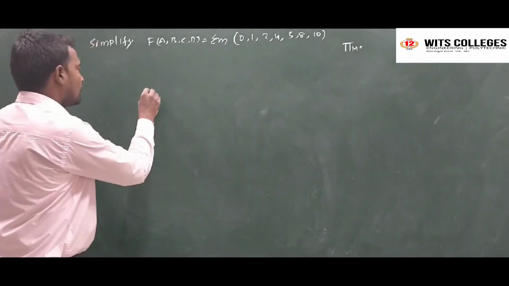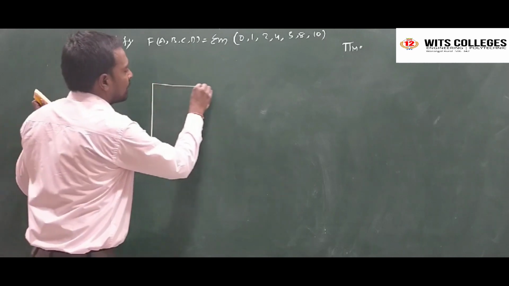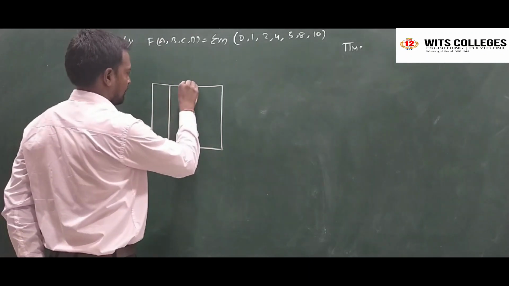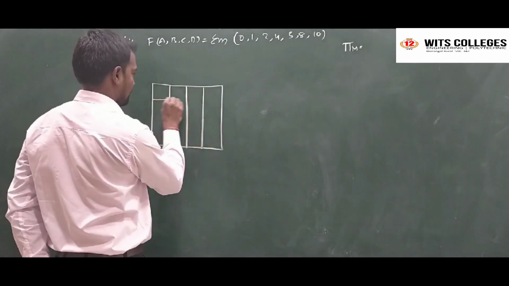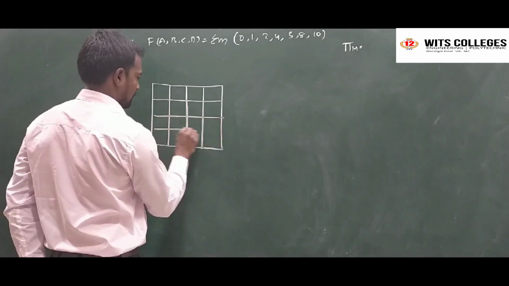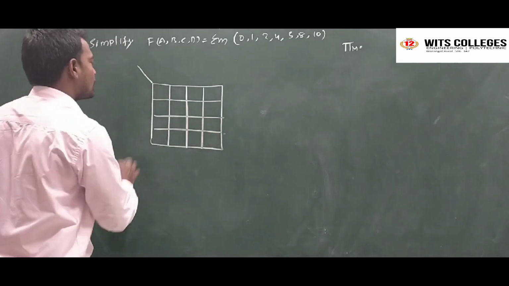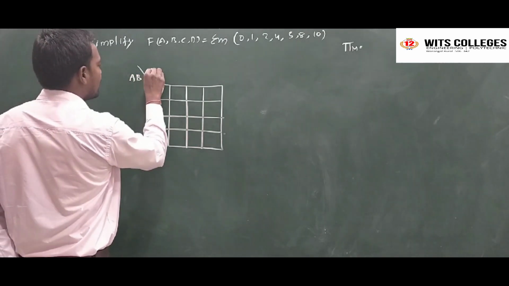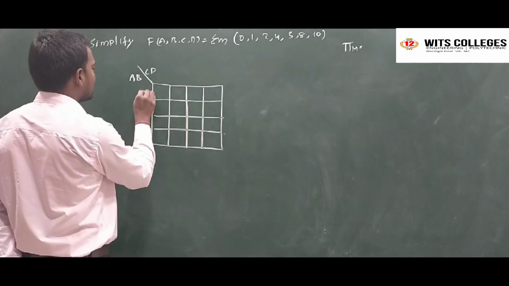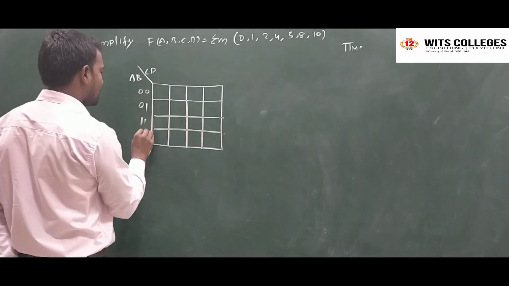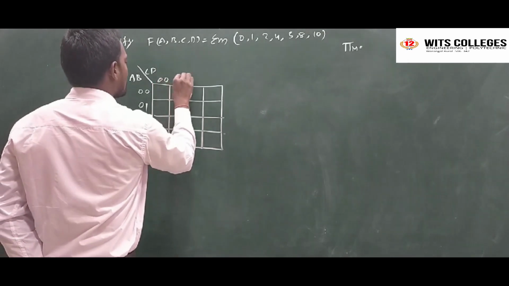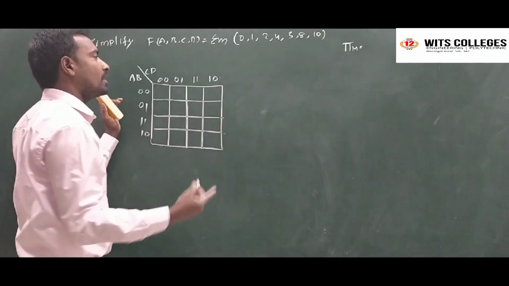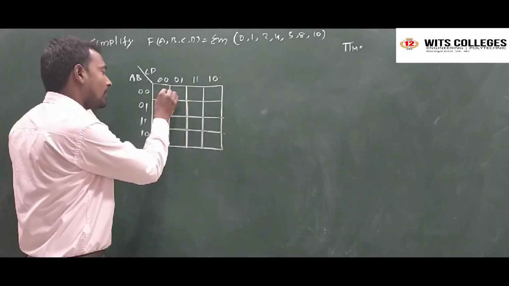And if we draw the 4 variable K map here, always we have to take the left side as A and B, and the right side as C and D. We have the combinations like 0 0 0 1 1 1 1 0 and 0 0 0 1 1 1 1 0. These all are the combinations and for the given variables we have to indicate a 1.